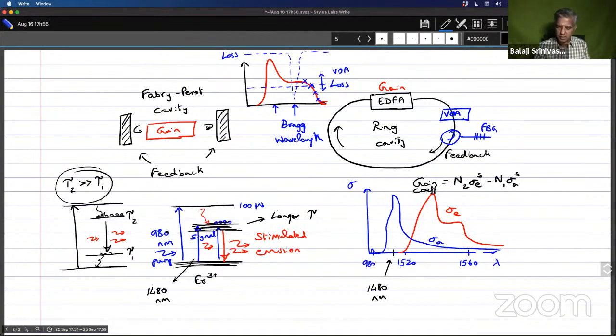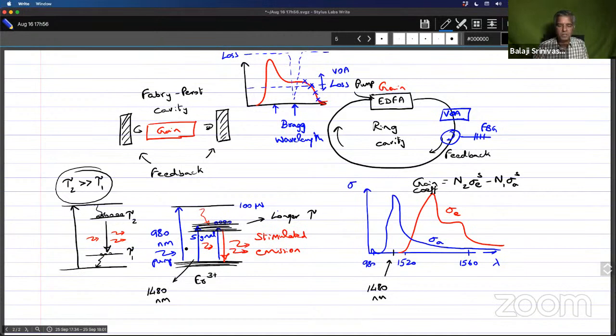So you are essentially bringing your pump radiation into your amplifier. Initially, you want to generate this inversion, and for stimulated emission to happen, you need to have this signal photon coming around. So where does the signal photon come from?